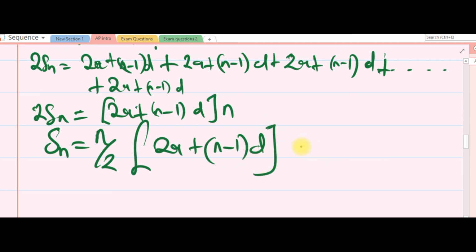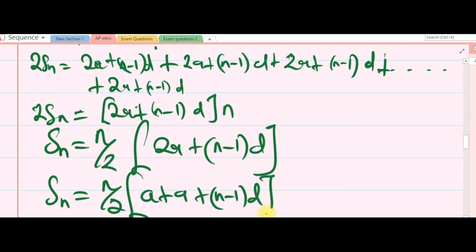So this is a very, very important formula. Another thing we can notice is that 2a is a plus a. We've noticed that a is the first term, while a plus (n minus 1)d is the nth term.